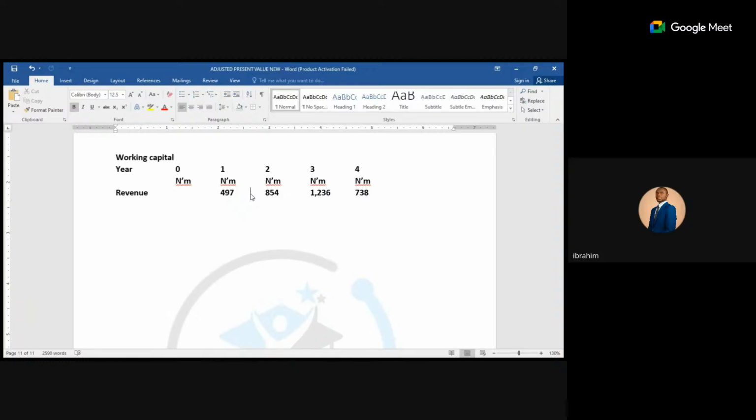For every 1 naira increase in your revenue will become your working capital, so you look for the difference of this. In another case scenario, the examiner may say, for every 1 naira increase in the revenue, charge 10% to be your working capital.